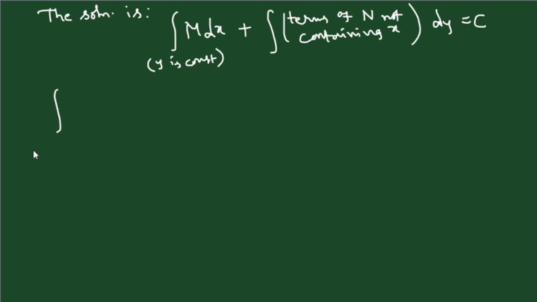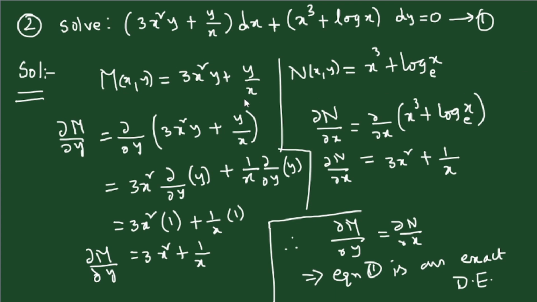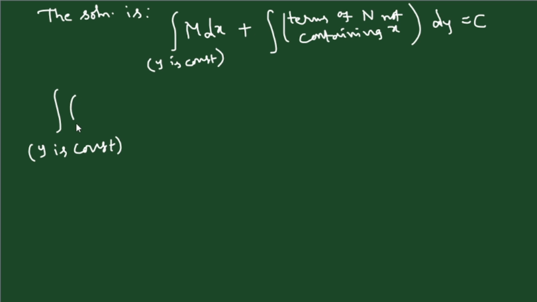Now let us take the first integral where y is constant, M dx. What is M here? M is 3x square y plus y by x. So integral of 3x square y plus y by x dx, plus integral.